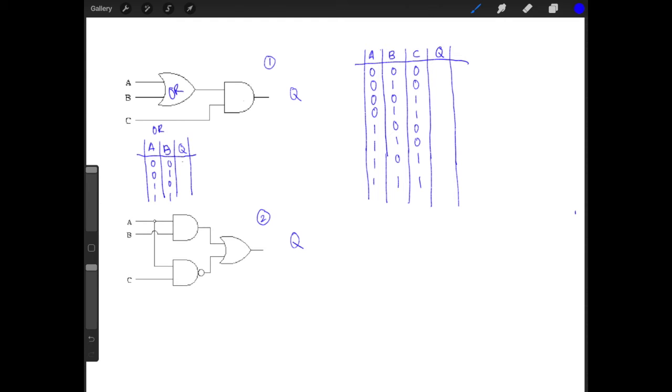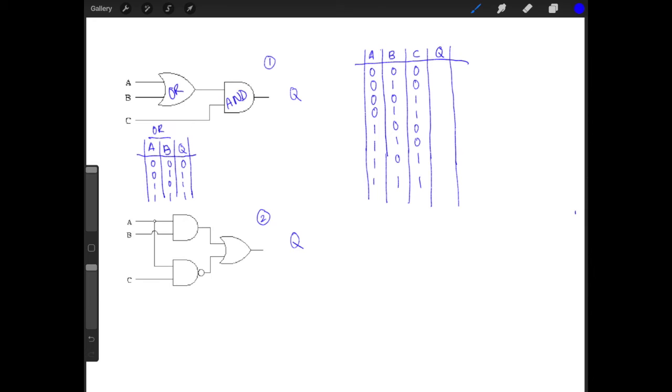So in the first situation, there's 2 zeros and the output will be 0. In the second situation, B is 1, so the output's 1, and in the third situation, A is 1, so at least one input is 1, and the output will be 1. In the last situation, there are 2 inputs of 1, so the output will be 1. So this is the truth table for the OR gate. Got it?